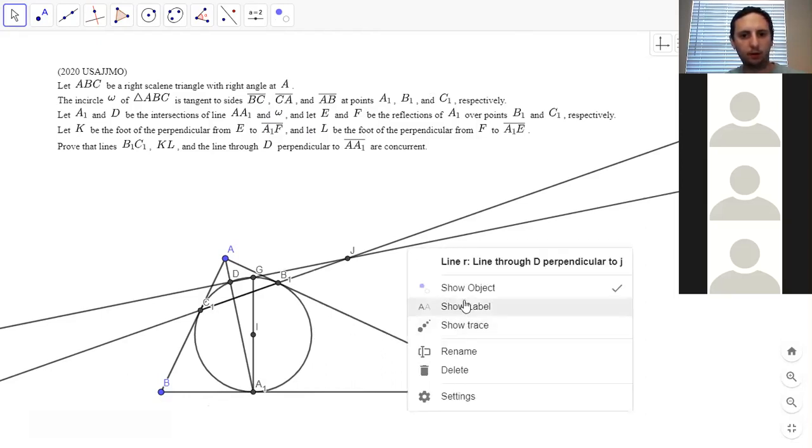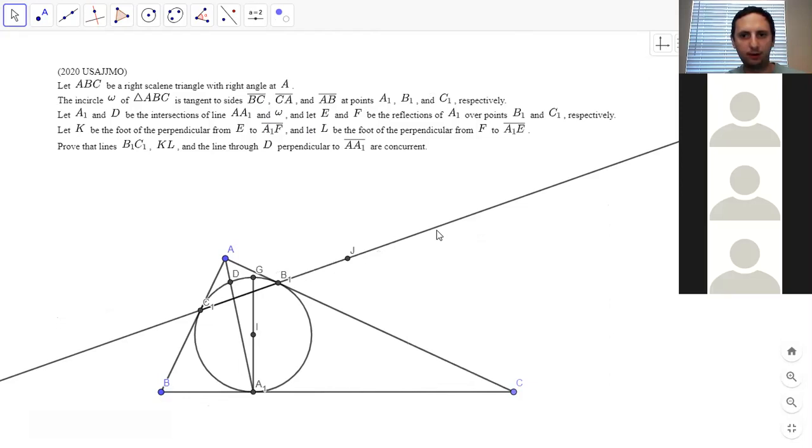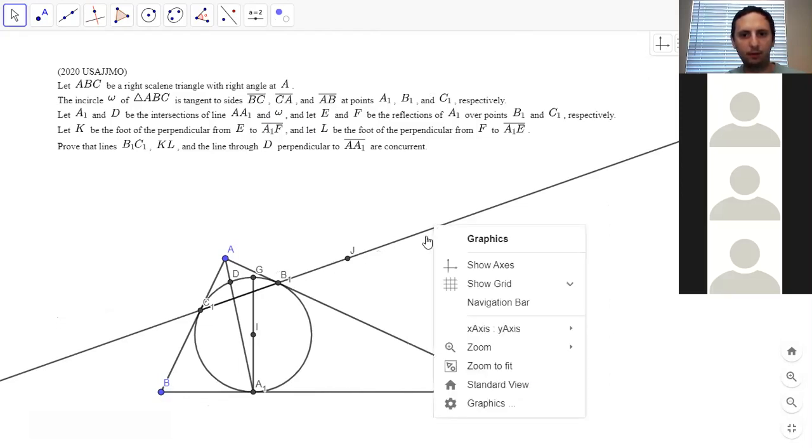Actually, yeah, I'm gonna project, projective with the midpoint of BC does the job.